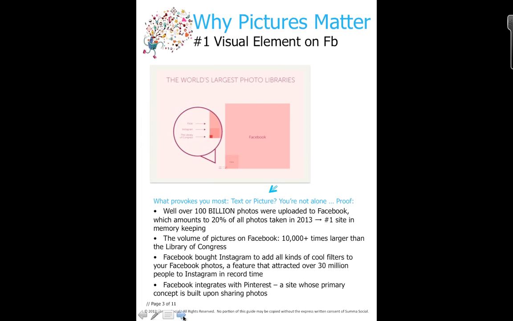And then in the last year, you've probably heard that Facebook bought Instagram, and they did that because they wanted to add all kinds of cool filters, more accessories, more ways to doctor up your photographs, so that when your Facebook photos were added, it didn't just add as an image, but you could actually create grids of photographs, 2, 3, 4, 8, etc., within one image.